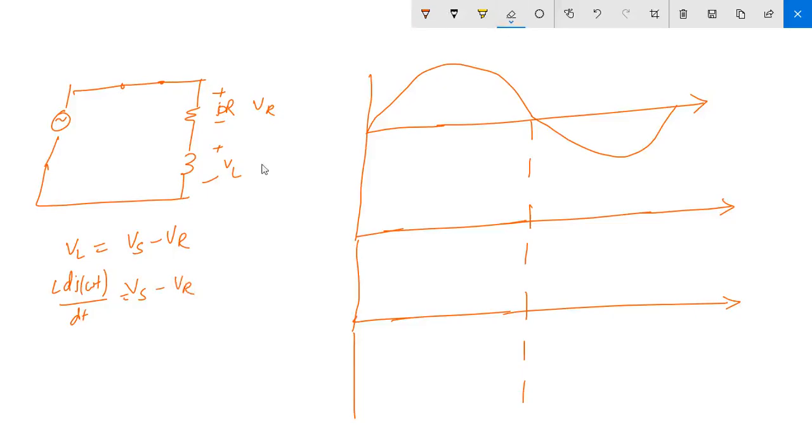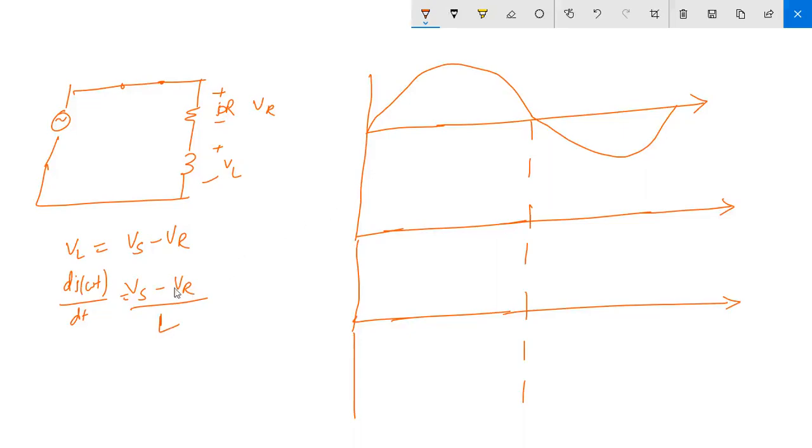So just you have to replace L like this. Now this di(ωt) is Vs minus Vr by L.